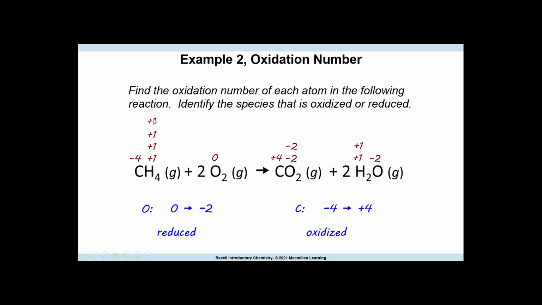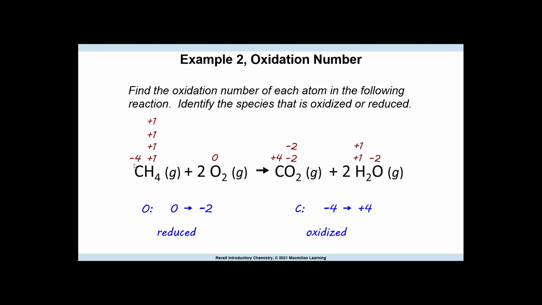So the only thing we need to look at now is carbon. In methane, the carbon must have a value of -4. Why does it have to have a value of -4? Because it's a neutral compound. So if we know the rules for hydrogen, then it must be a -4 because -4 plus 4 equals 0.